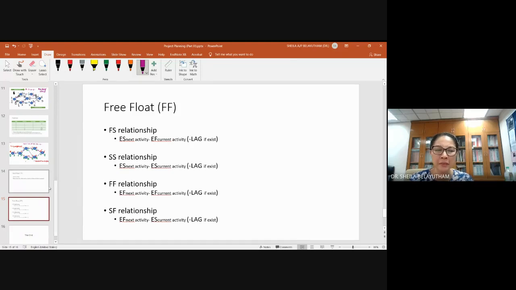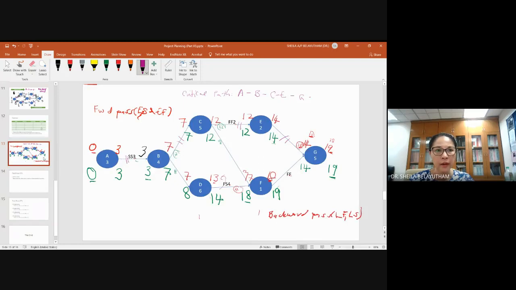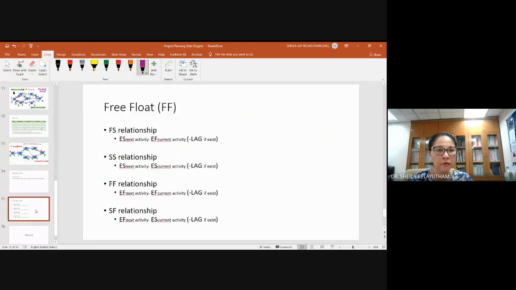Free float is a little bit tricky compared to total float. Total float is pretty straightforward, but free float is a little bit tricky, so make sure you come back at 9:15. I will not close this slide. I will place one example here so that in the meantime of 30 minutes, you can do the exercise.